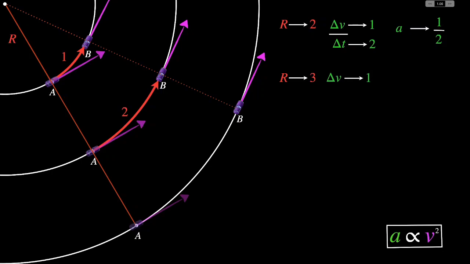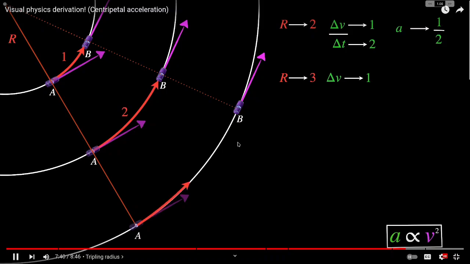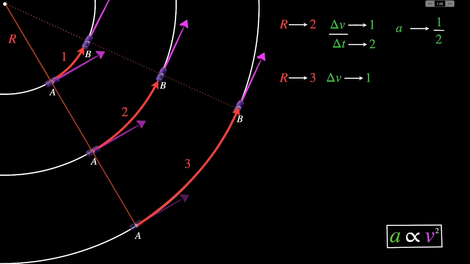But now, since the radius is thrice as much as before, the distance AB that the car has to travel is thrice as much as before. But it's traveling with the same speed, so the time taken would be thrice as much as before.